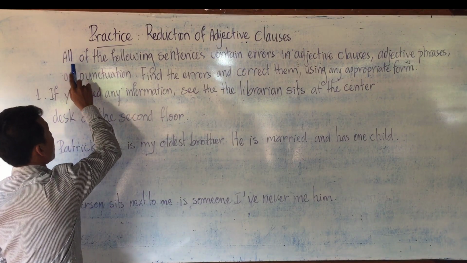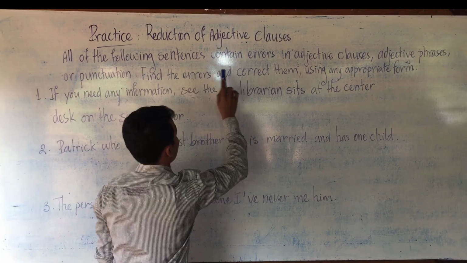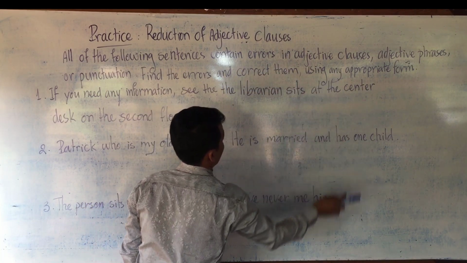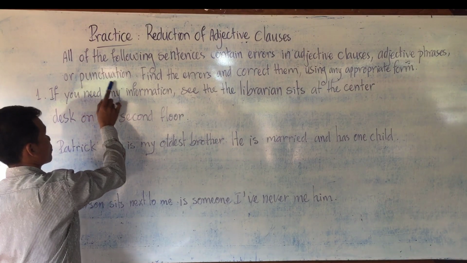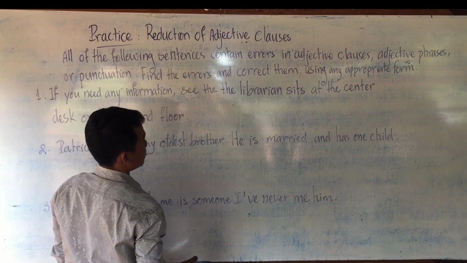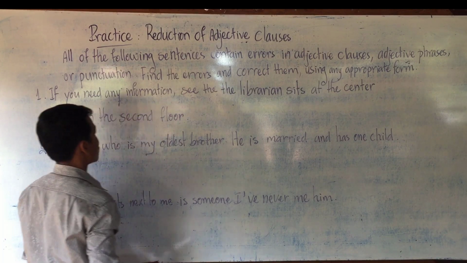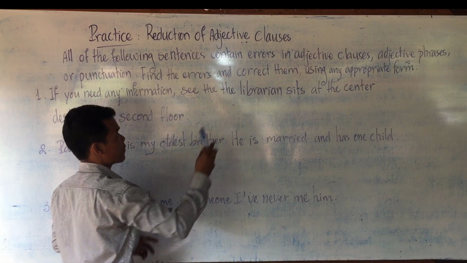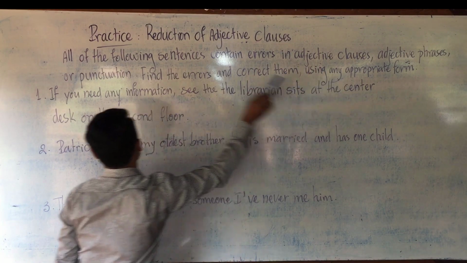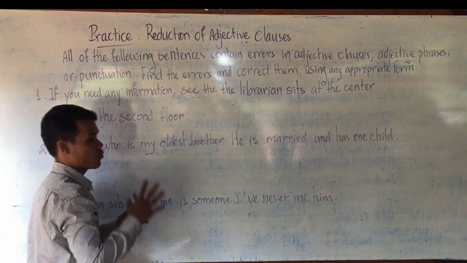The direction is that all of the following sentences contain errors in adjective clauses, adjective phrases, or punctuation. Find the errors and correct them using any appropriate forms. So there are only three things.